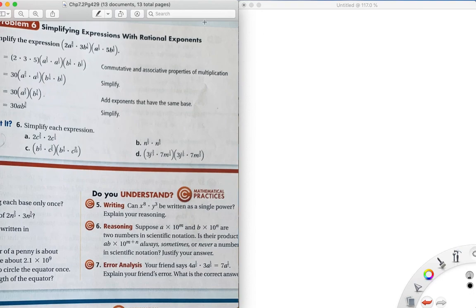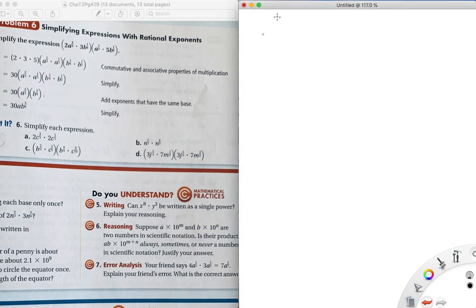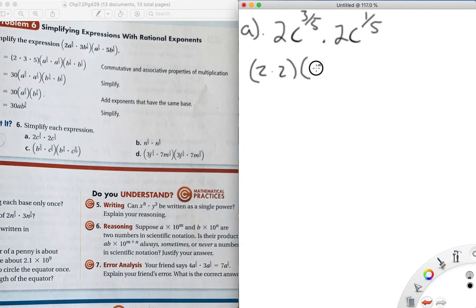So number 6A says I have 2C to the 3/5 times 2C to the 1/5. Again, I'm going to separate out the numbers. 2 times 2, and I'm going to have C to the 3/5 times C to the 1/5.